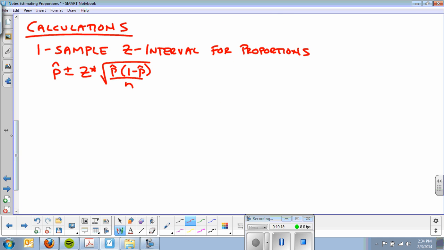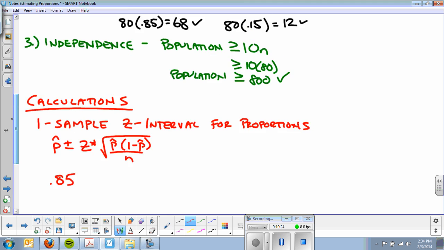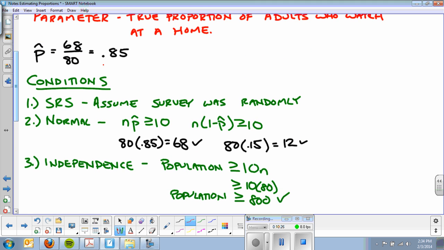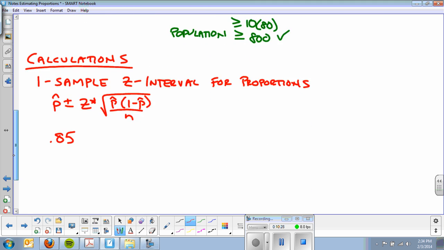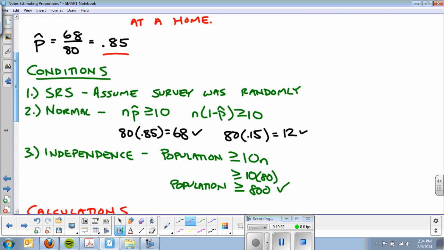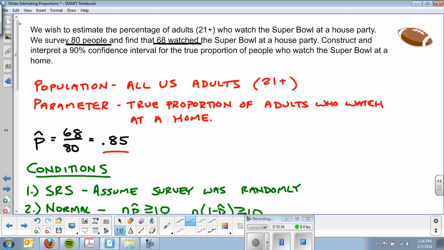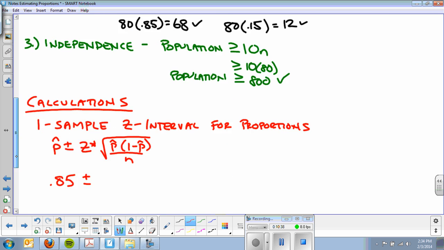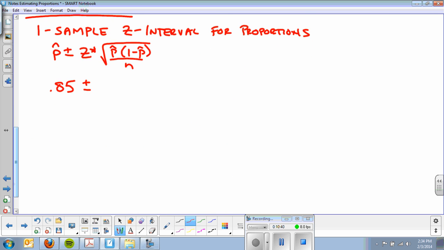So now I'm going to plug in. My p-hat was 0.85, and that came from up above. Plus or minus. Now, the z star comes from the 90% confidence interval. Because it's a 90% confidence interval, z star for 90% is 1.64.